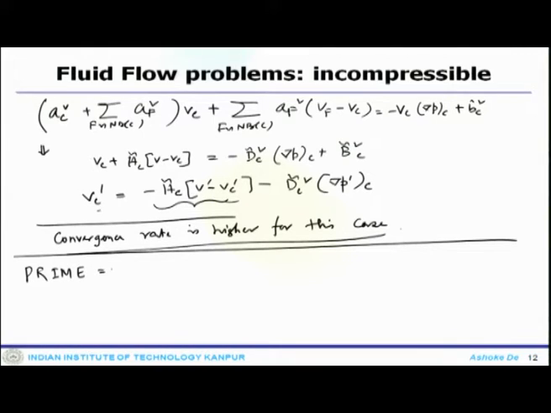PRIME stands for pressure implicit momentum explicit. So, the momentum equation is solved explicitly, and the explicit treatment is justified by the small contribution to the convergence. On the other hand, the pressure equation is solved implicitly.